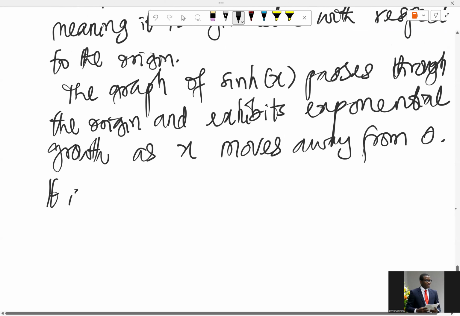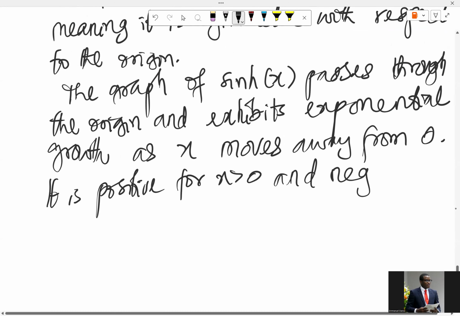It is positive for x greater than 0, so as x moves away from 0 on the positive side, the function is positive, and it is negative for x less than 0.